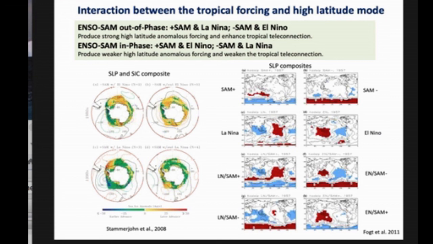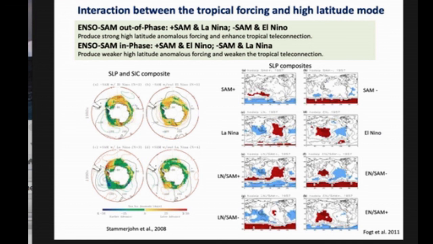So in this area, you have a weaker anomaly, but still some processes dominate, but the anomaly center becomes weaker. So this is one study telling us that when the tropical response and the high latitude interact, there's wave interference, or anomaly. Either you can reinforce each other or you weaken each other.